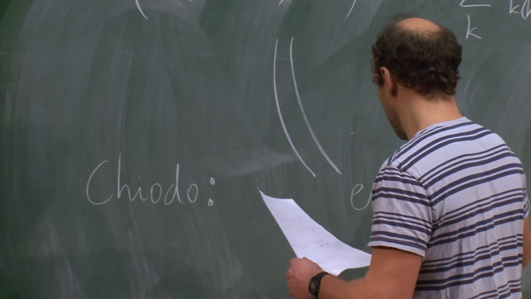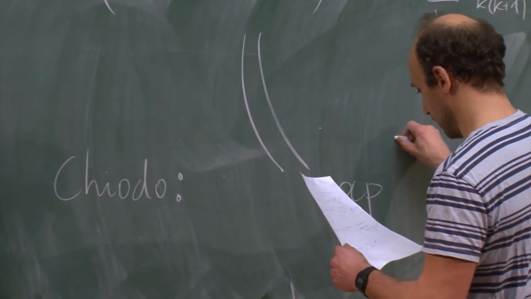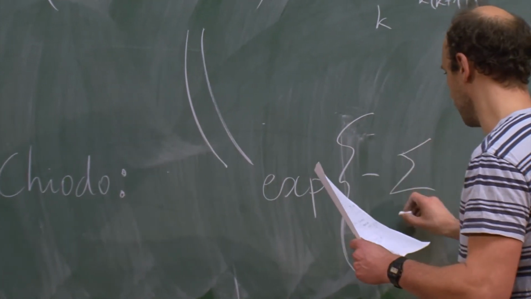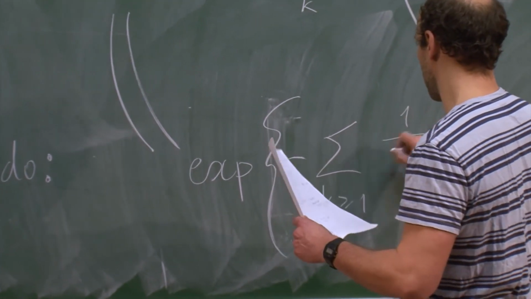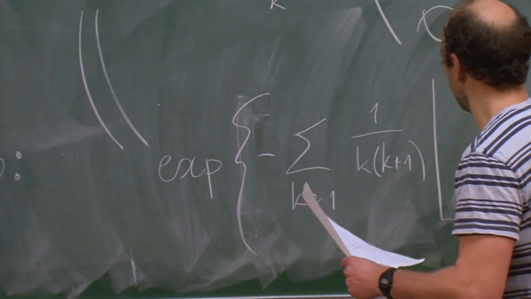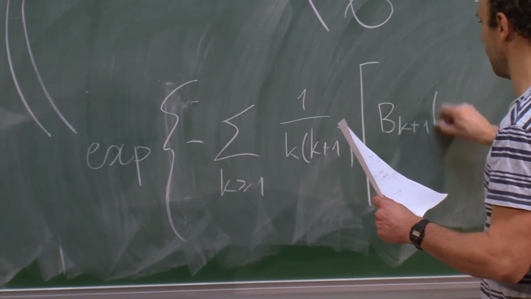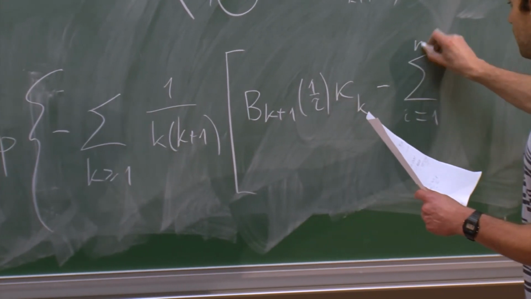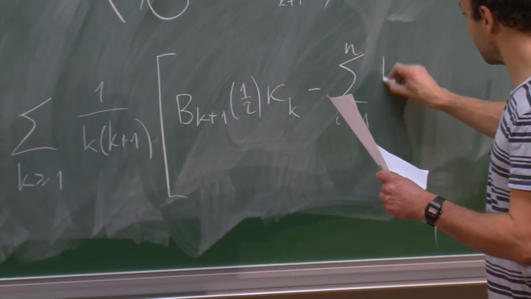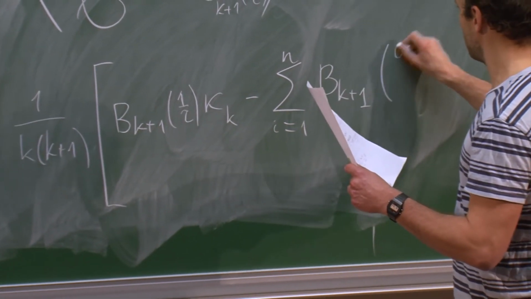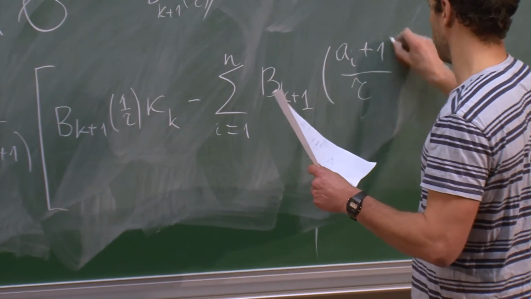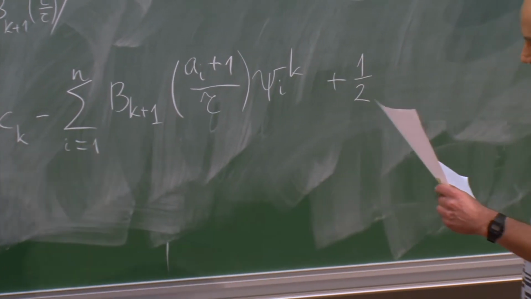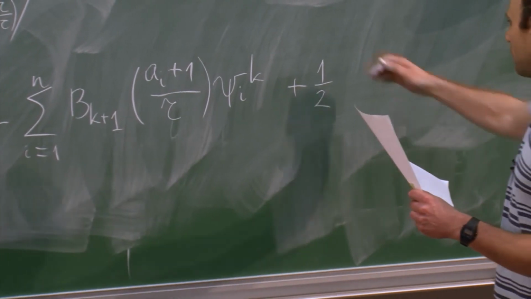So that's equal to the exponential of the sum, again, minus sum over k, 1 over k plus 1, B_{k+1} of 1 over r times kappa_k, minus sum from 1 to n, B_{k+1} of (a_i plus 1) over r psi_i to the power k, plus 1/2, I don't know if I want to write the boundary term, that's actually r over 2.